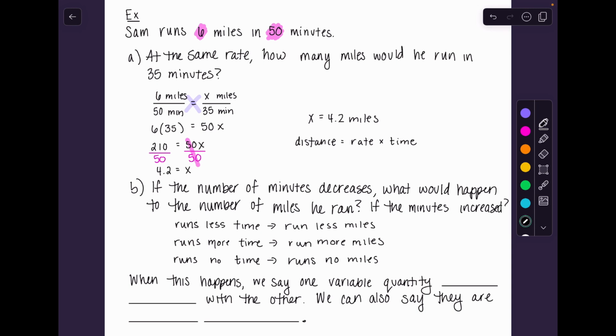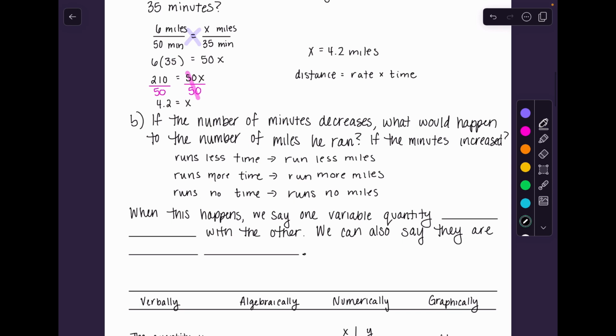If you have none of one quantity, we need to have none of the other. So in this particular relationship, we say that one quantity varies directly with the other. Or we can also say that these two quantities are directly proportional.